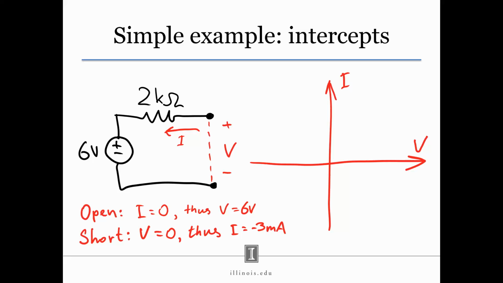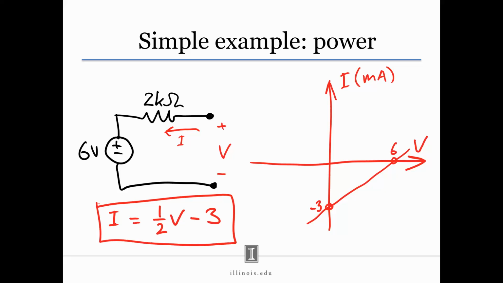We can put these two intercepts on the axis and draw a line through them. You can pause here to think about that. We can combine the two results and realize that this equation, I equals 1/2 V minus 3, and the graph represent the same thing, and the circuit.